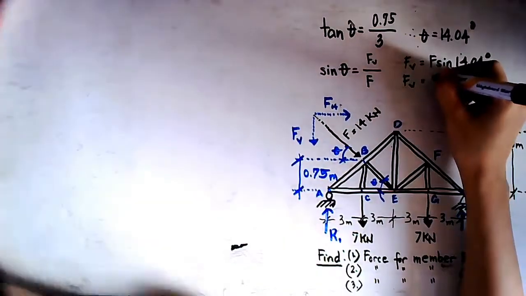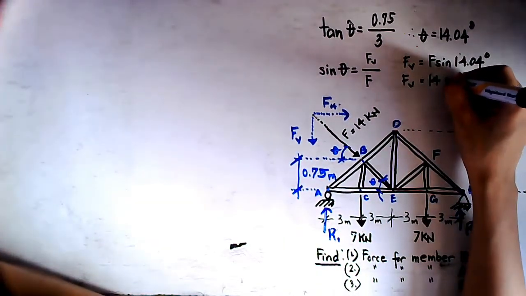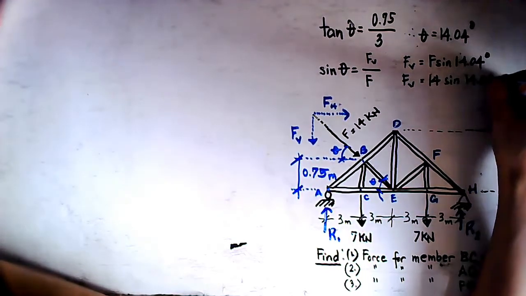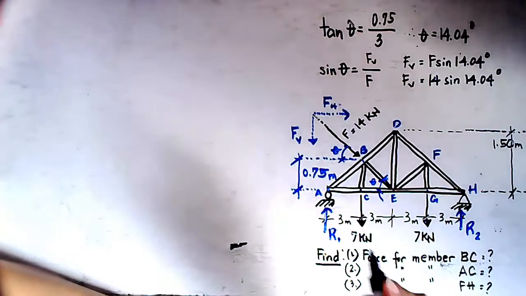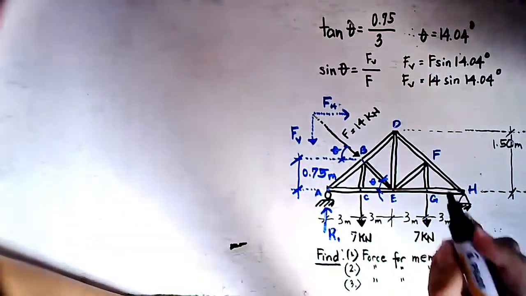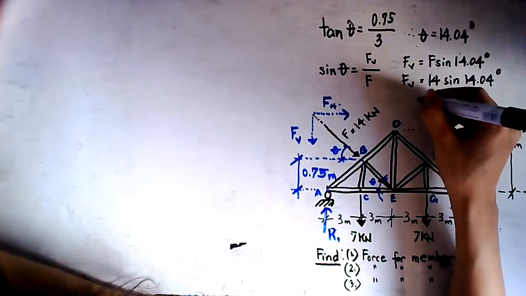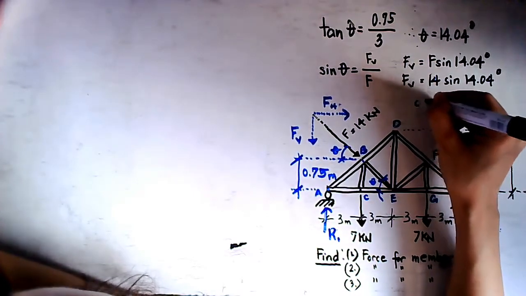So F vertical is 14 kilonewton times sine of 14.04 degrees. But if you would like to determine the horizontal component, you can use another trigonometric function.